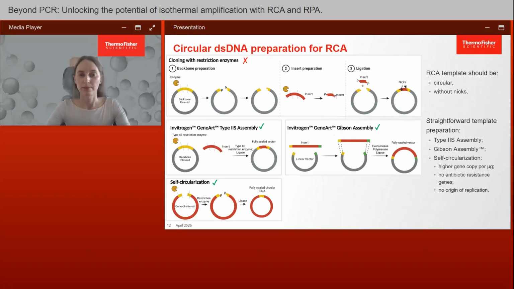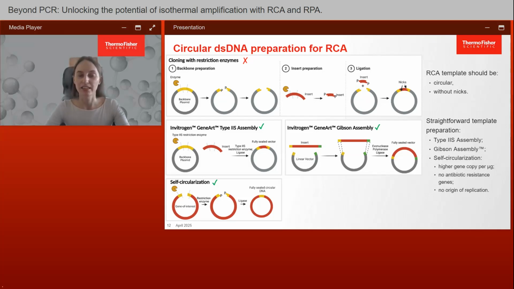So the first step in this workflow is to prepare circular DNA for direct RCA reaction, and that means DNA should be free of nicks. Traditional cloning with restriction enzymes is not ideal for this purpose because it leaves nicks in the final DNA product.